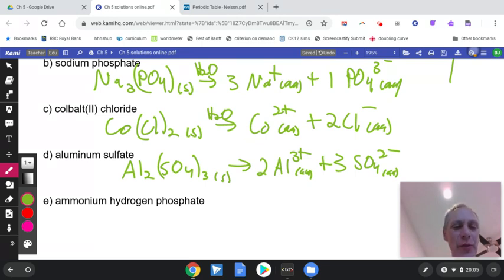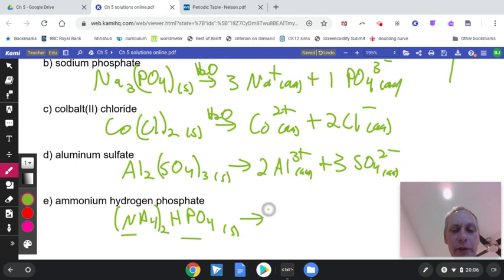Okay, last one, ammonium hydrogen phosphate. Ammonium, NH4, hydrogen phosphate, HPO4, that's a 2 minus. So that is 2 of those. That's a tricky one. You have to look up both of those polyatomic ions to get the correct formula.